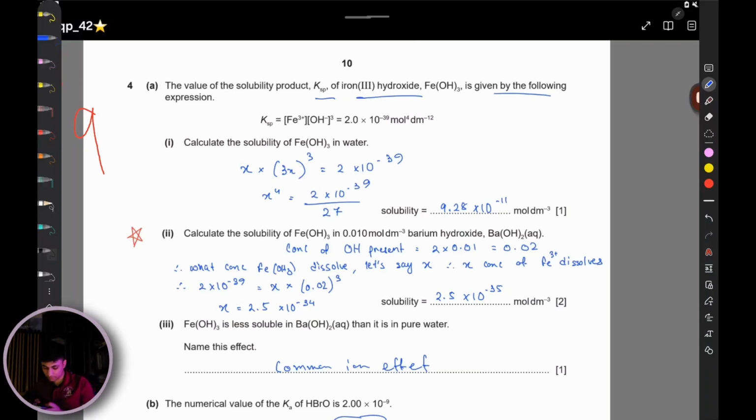So it's going to be 2 into 10 to the power of minus 39 divided by 27, fourth root. Okay, so it's going to be 9.28 into 10 to the power minus 11.